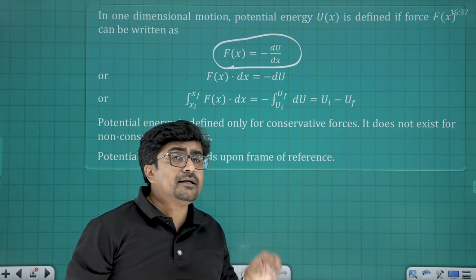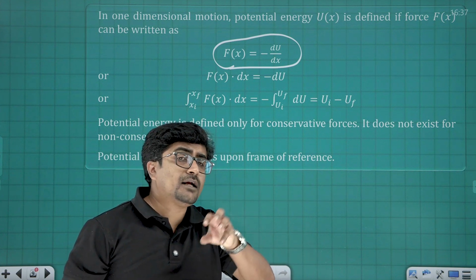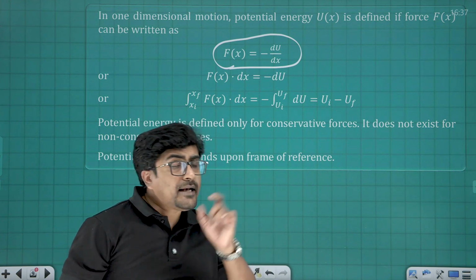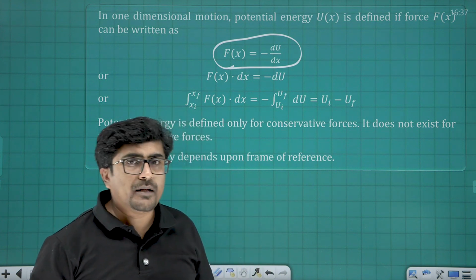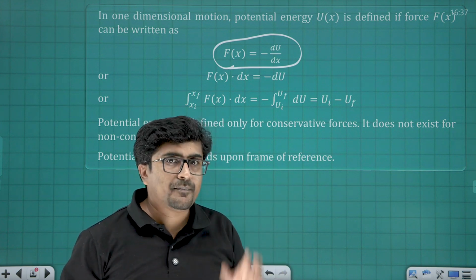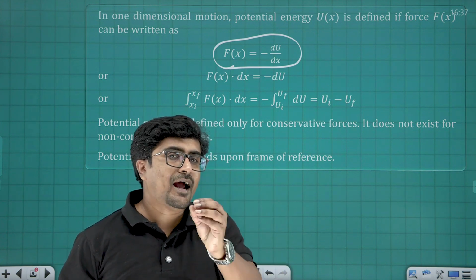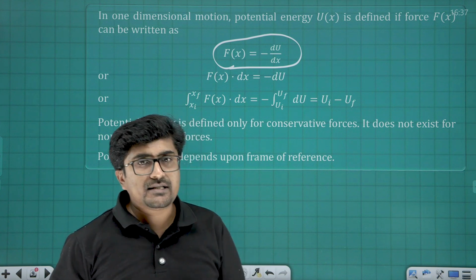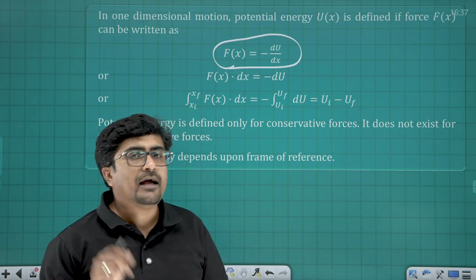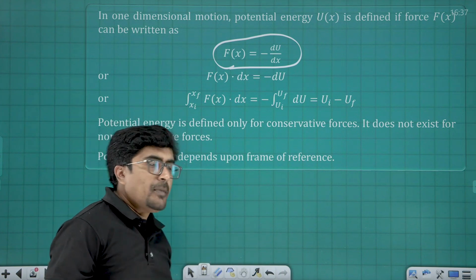If the force acting is conservative, then that is the one which is going to change the potential energy of the body. The relation between force and potential energy is F is equal to minus du by dx. I repeat, F is equal to minus du by dx.